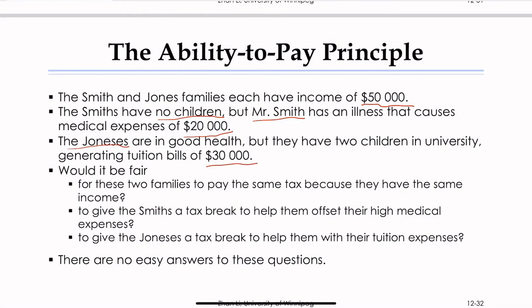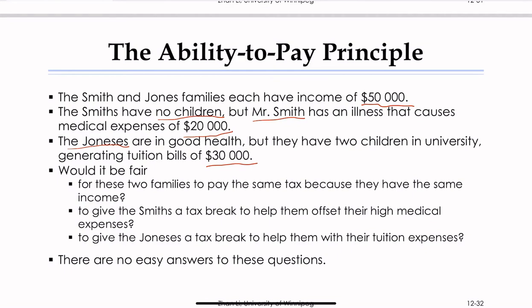Now, in terms of charging these two families taxes, we would want to think about the following questions. Should these two families pay the same tax because they have the same income? Well, it seems reasonable. But then the Smith family could argue, hey, we have this medical expense, so maybe we should pay lower tax.